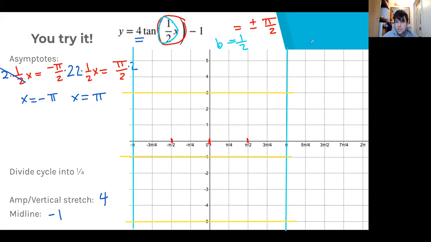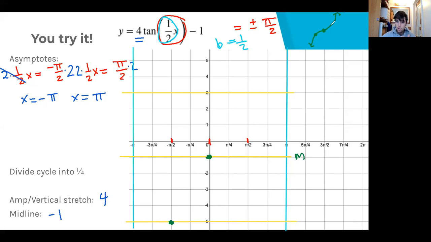And we're graphing tangent, so we need to graph those 3 points for a regular tangent graph. In the middle of our period, it's on the midline. So that's right there, in the middle of our period on the midline. And then down here on the left side at the 1/4, we have to go down the amplitude. So here's our 1/4 point. We need to go down the amplitude from the midline, so down 4 units from the midline.